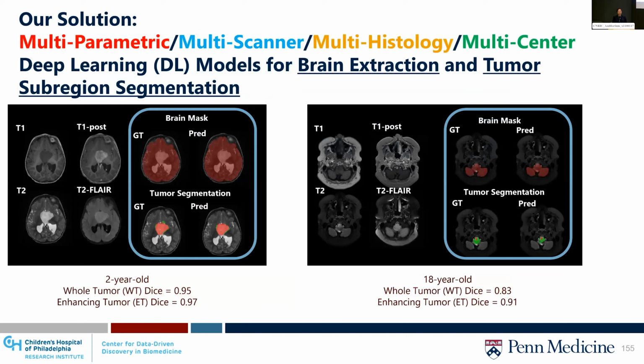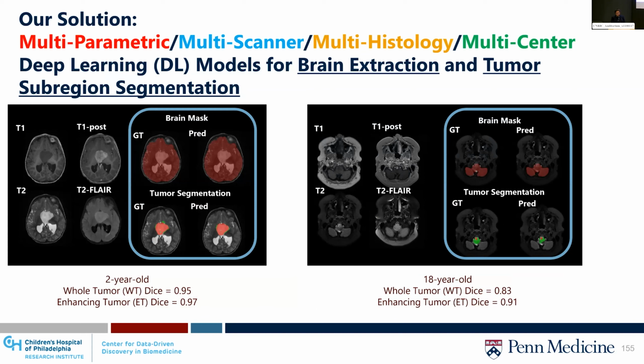So what we did was we took the models that were developed on adult brain tumors and used transfer learning to transfer the techniques to a large cohort of pediatric brain tumors that was collected at our group, and we developed deep learning models for brain extraction and tumor subregion segmentation that I would like to call multi-parametric, multi-scanner, multi-histology, multi-center models.